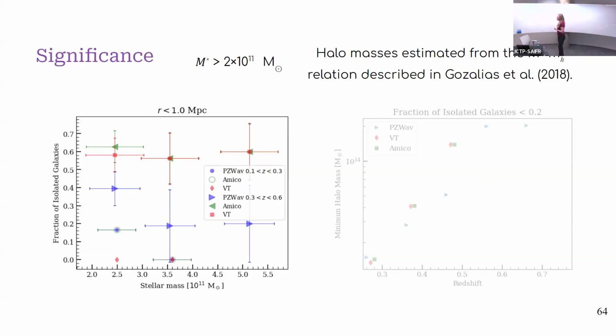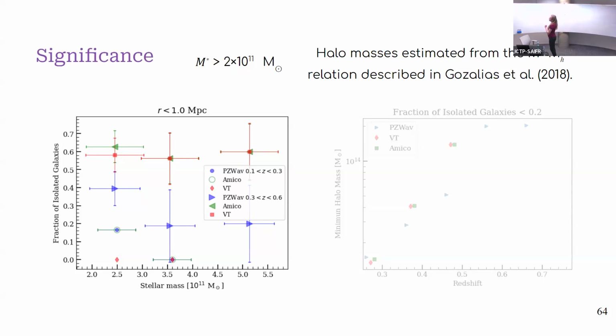And the first thing was trying to find how many of these massive galaxies were isolated in the mini JPAS area. And here we have two different redshift ranges. The simple ones are for the small range of the redshift, and we have a nice recovery of these massive galaxies.